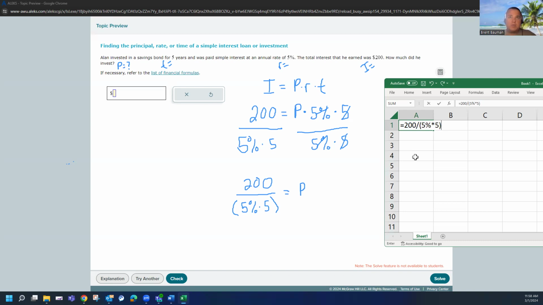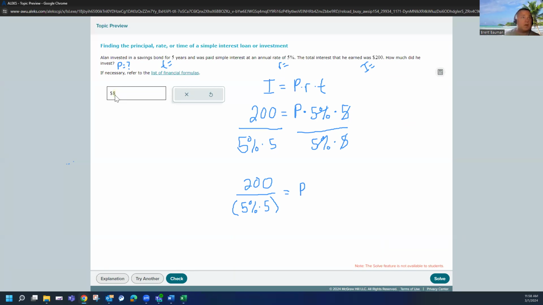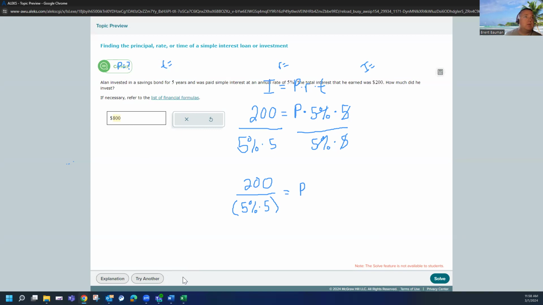And if you wanted to put 200 in parentheses as well, you could, just to be careful that you're getting all your parts in there. And it's saying that originally $800 was invested. So we plug in our $800 and we check. And it looks like we are good there.